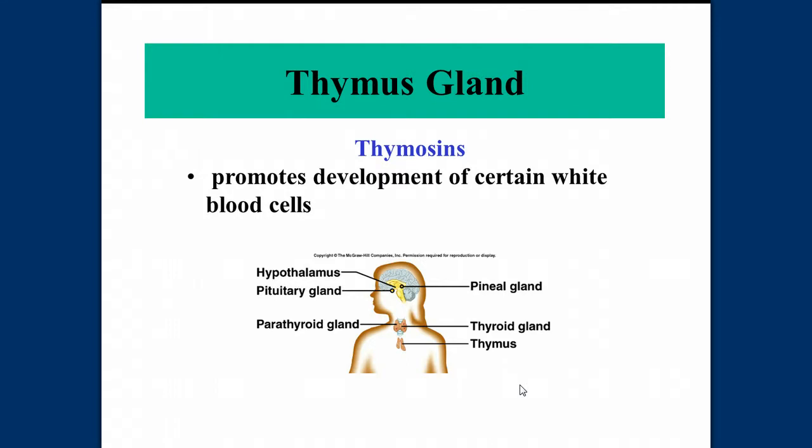The thymus is more active and more pronounced, larger in children or young adults, and becomes smaller in adults. It still remains somewhat active, but it will become smaller in adults. Very pronounced and large in children and smaller in adults.